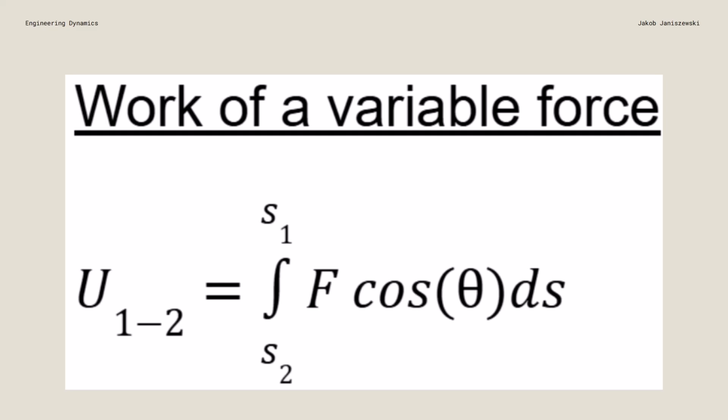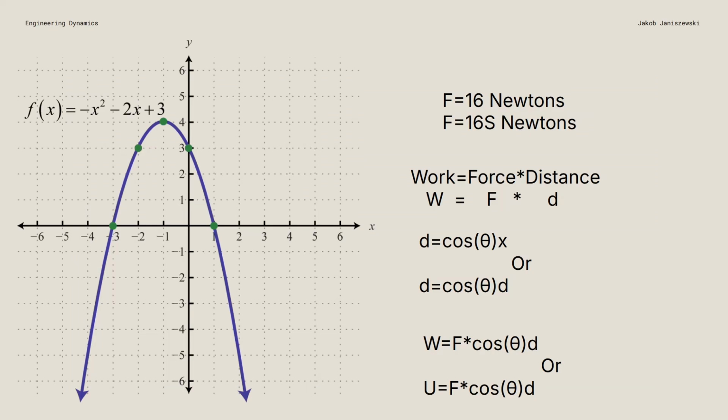We know that U between 1 and 2 is telling us that our work between two different points is equal to, these are the two different points it's referring to, and this is our F cosine theta ds. So ds, because that's the distance. Cosine of theta, well, that's this distance. Cosine of theta, because it's here, that makes up this greater distance.